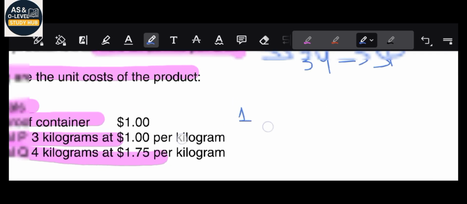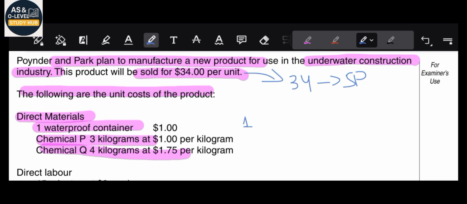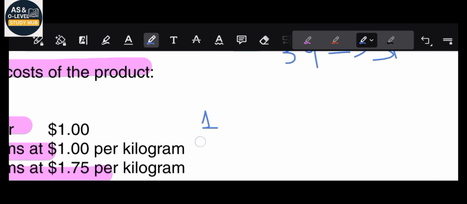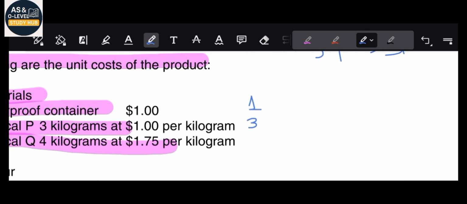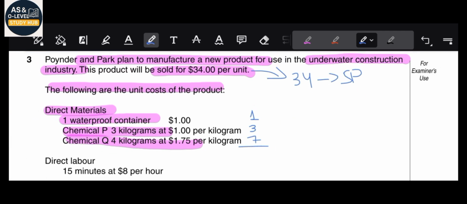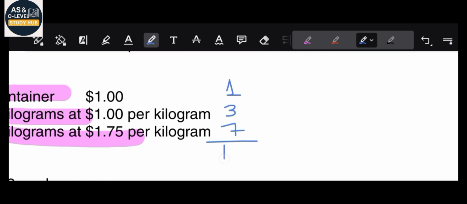Second we have chemical P, that is 3 kg at $1, so 1 into 3 is 3. Then we have 1.75 into 4, so it will be 7. So the total direct material cost will be 1 plus 3 plus 7, that is $11 per unit.